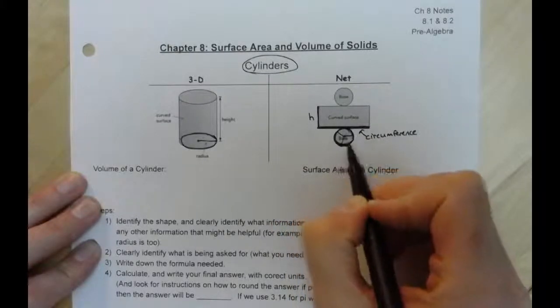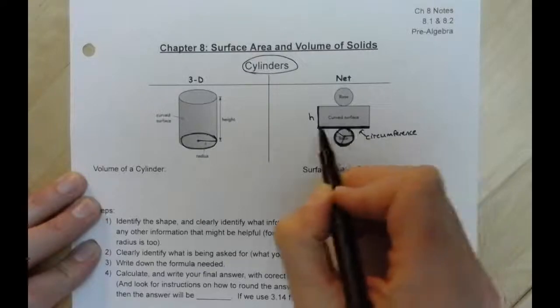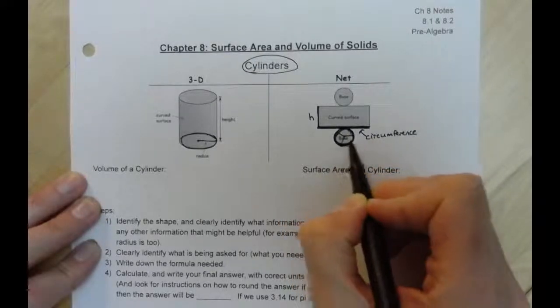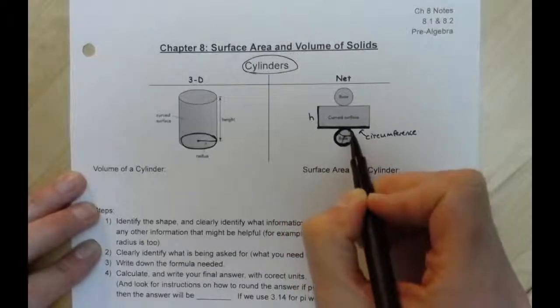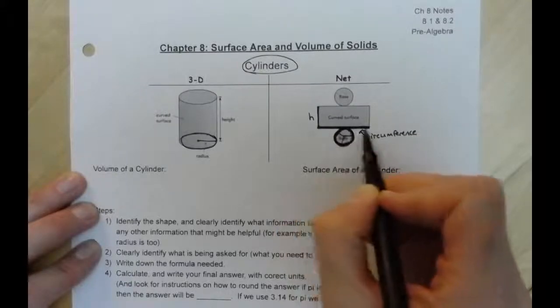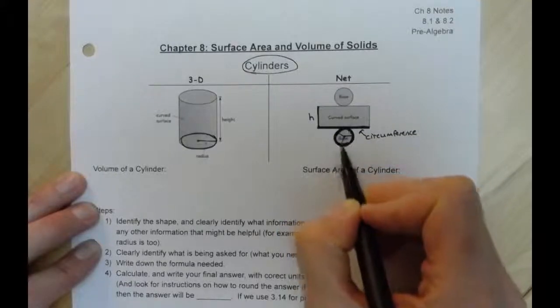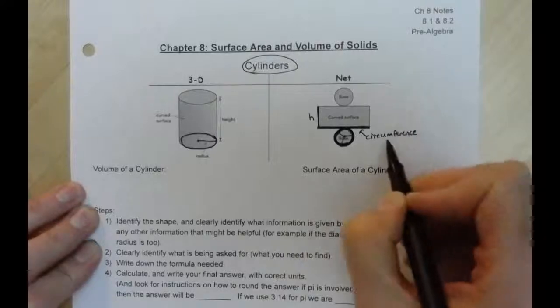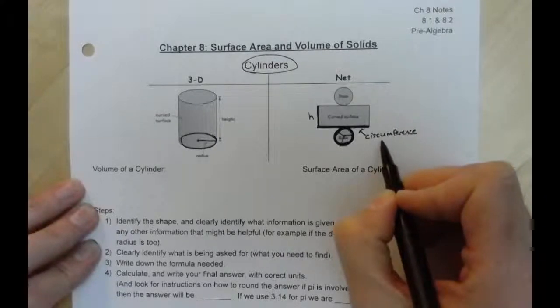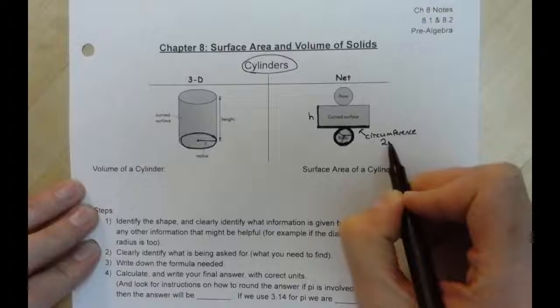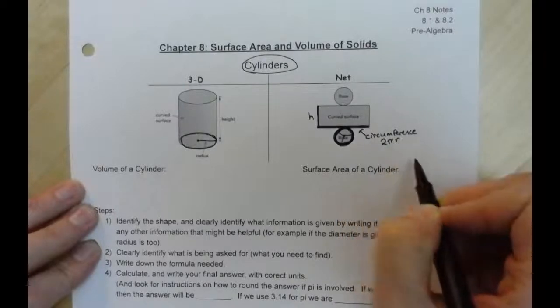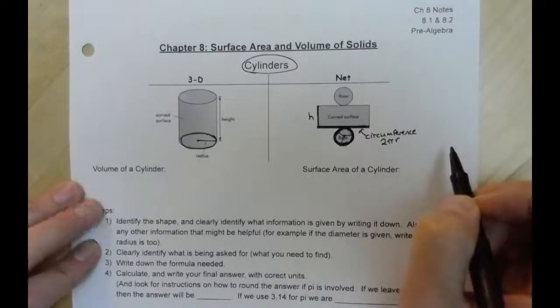In fact, it has to be, because if you were to wrap it back up again, this is exactly a one-to-one correspondence with the circumference. We know the formula for the circumference of a circle is 2 pi r, or sometimes you write it as pi d, where d is the diameter.